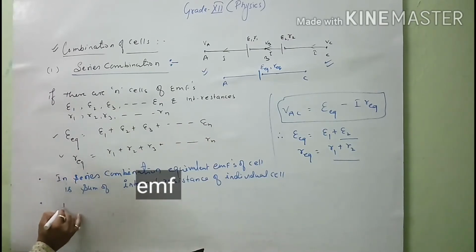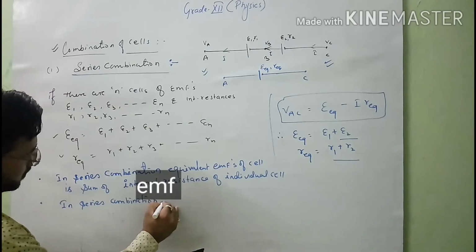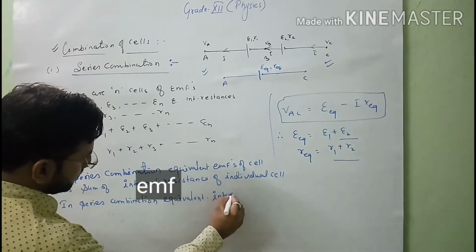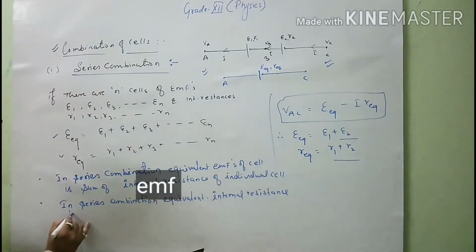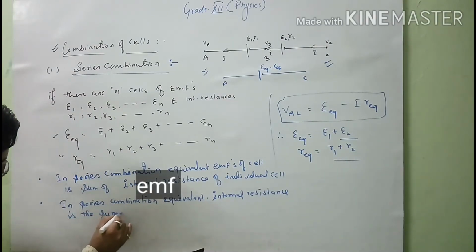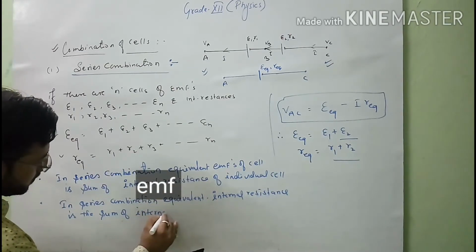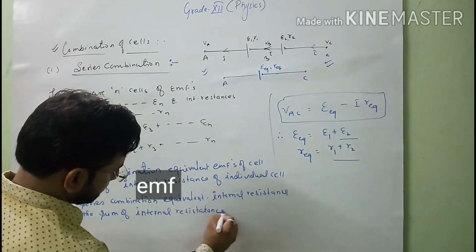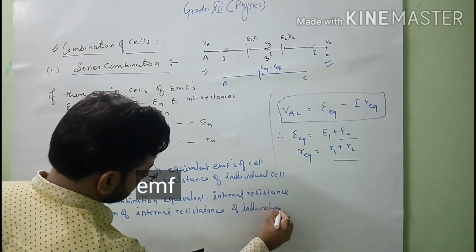And second point, in series combination, equivalent internal resistance is the sum of internal resistances of individual cells.